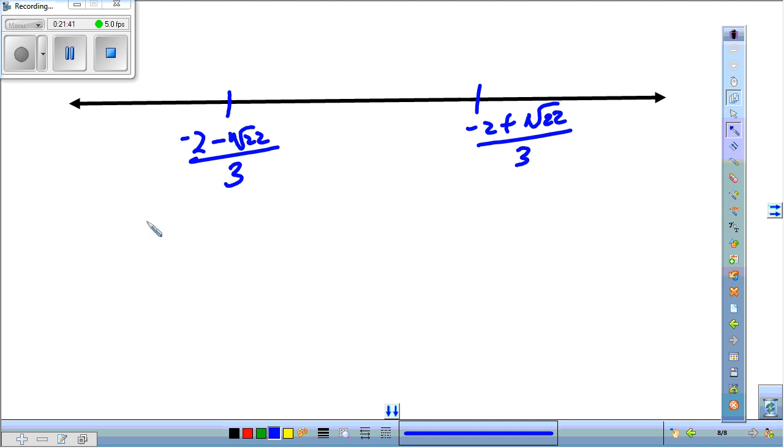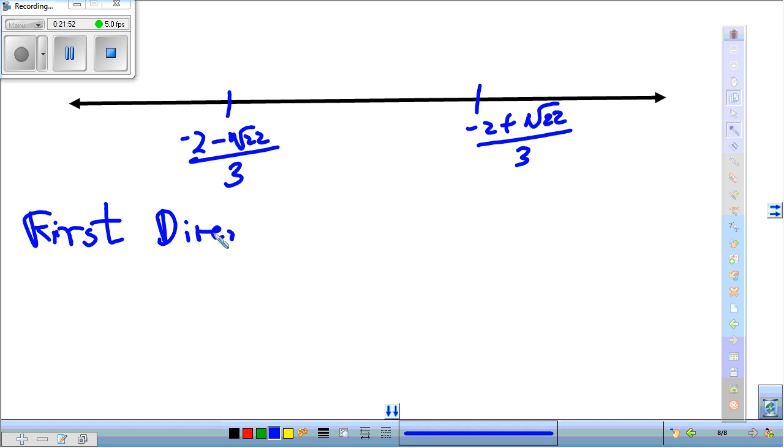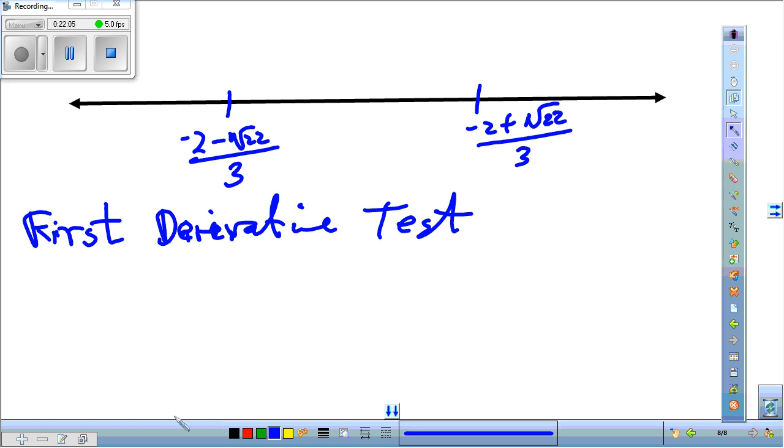So we want to take some test x values, so we're going to do what's called the first derivative test. I'm going to select test values in the 3 intervals here, cordoned off by those critical values for x.